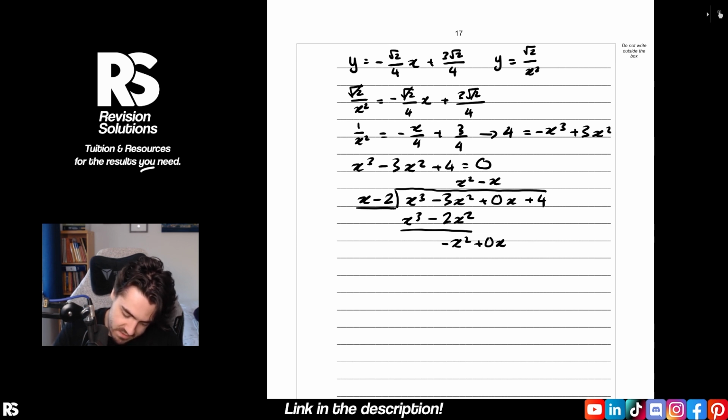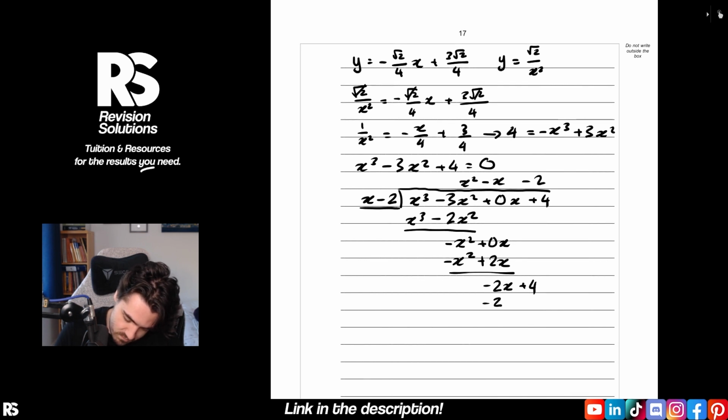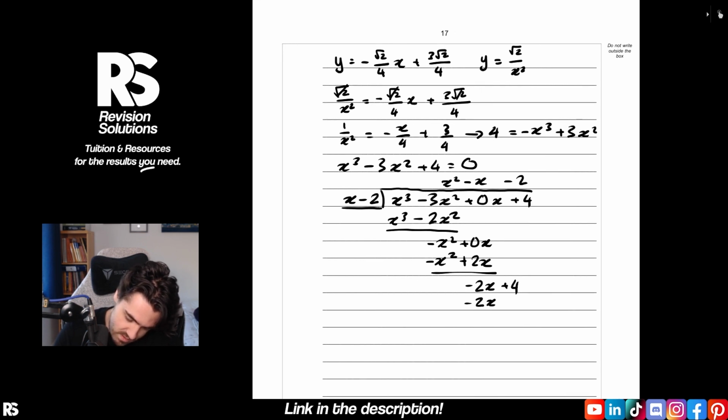Multiplying through, x times minus x gives minus x squared, and minus 2 times minus x gives plus 2x. Subtracting that away, we get minus 2x, and I'm going to bring down the 4, so plus 4. Dividing through again, minus 2x divided by x is minus 2. So we write a minus 2 up here, and multiplying through, we get the minus 2x again, and minus 2 times minus 2 gives us the plus 4, and we do get a remainder of 0.